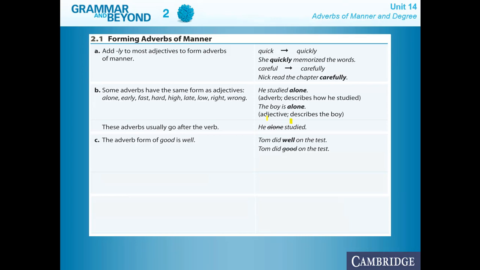The adverb form of good is well. Tom did well on the test. This is a very important and basic mistake some people commit. So we say Tom did good on the test, right? But that's incorrect. Then we have she speaks English well. She speaks English good. No, right?